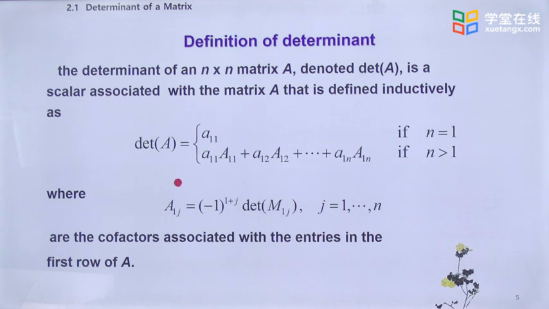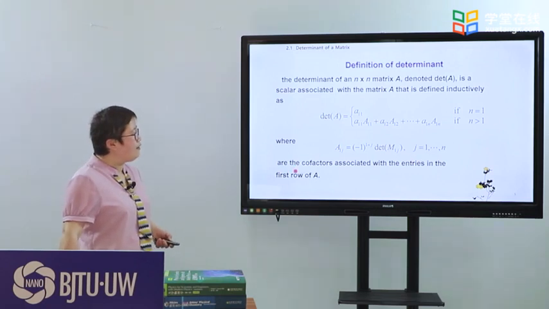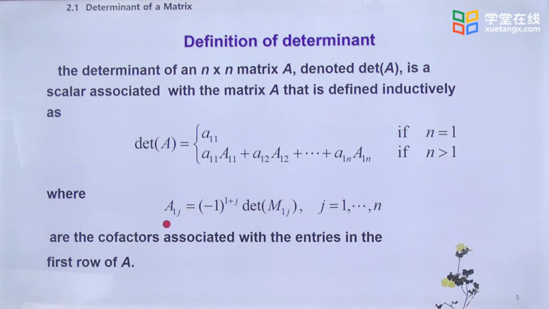Here, capital A1j is defined as (-1) to the power 1 plus j times the determinant of M1j, for j varying from 1 to n, and these are the cofactors associated with the entries in the first row of A. So here we define a new term, we call it cofactor.